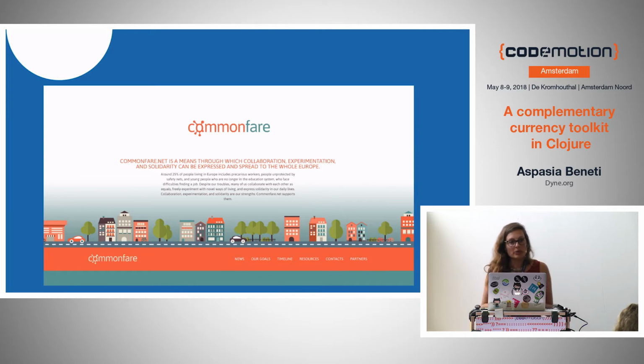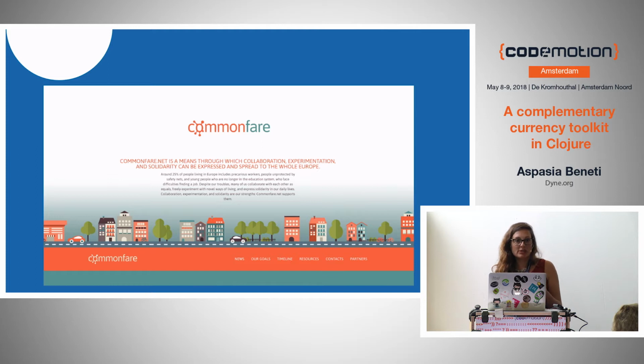They want to empower people, because many people have difficulties finding a job. They are precarious workers, they don't have a stable job, and there's especially a lot of unemployment among the youth. Many people have the skills, but they cannot use them in their location. Many times they need to receive social benefits, and depending on the country, finding out which social benefits you can use and where they are is extremely difficult.